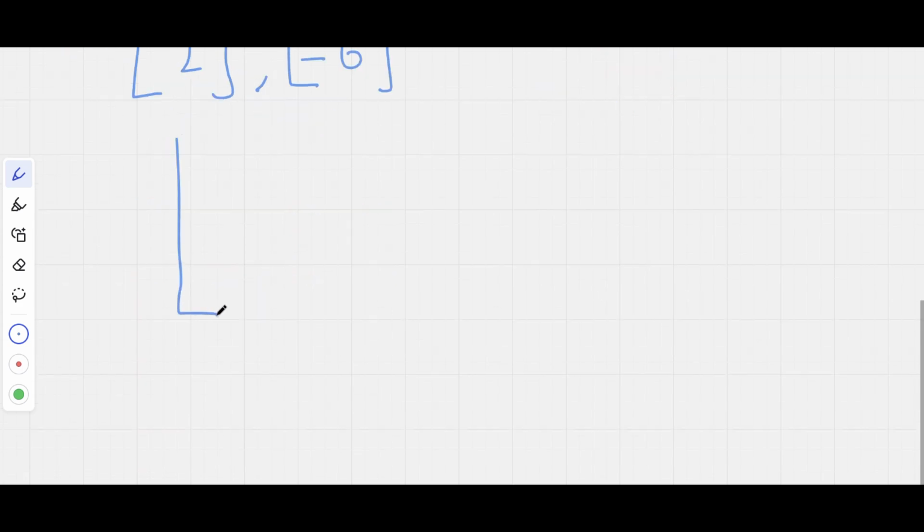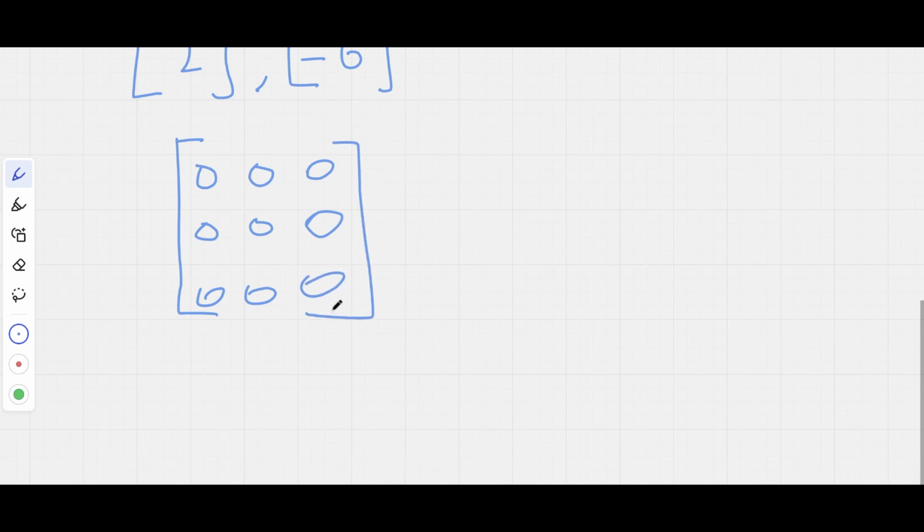Null matrix means the elements of the matrix should all be zero: 0, 0, 0. So these are zeros. In a null matrix, all the elements in the matrix should be zero. Then it is called a null matrix or zero matrix.